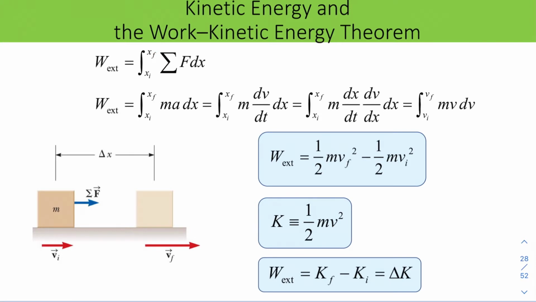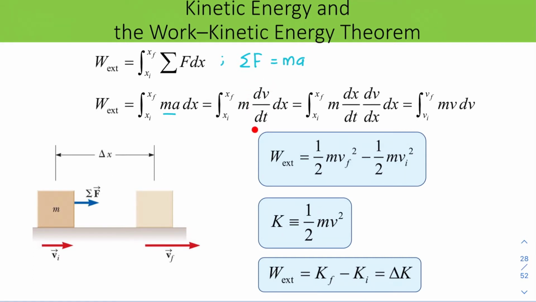This integration can be simplified by applying Newton's second law, whereby the net force, sum of F, is equivalent to MA. So we substitute sum of F with MA. Now we open up the MA. The A itself is dV over dt.